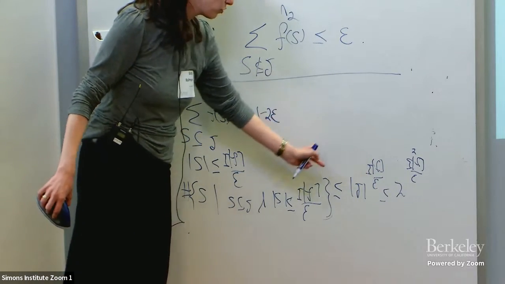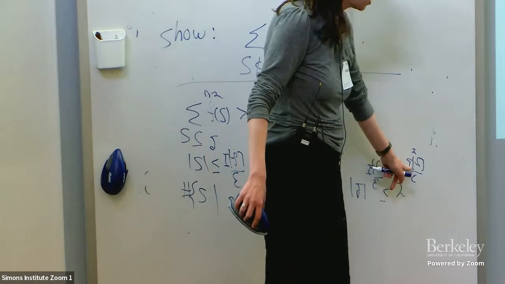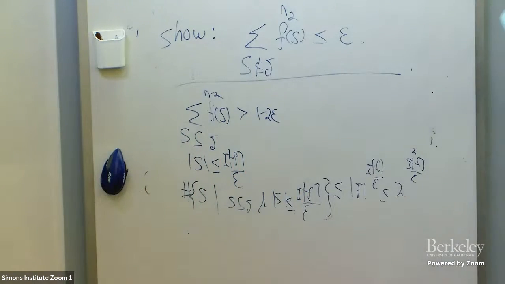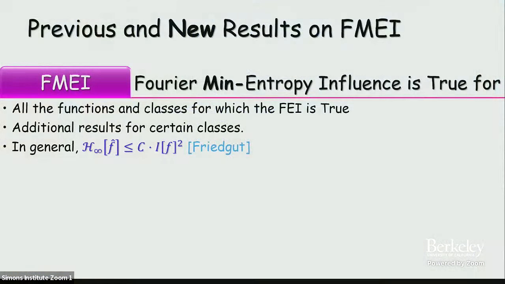So at least one of them has weight 2 to the minus influence squared, which is exactly the min entropy bounded by the influence squared. Okay, questions?